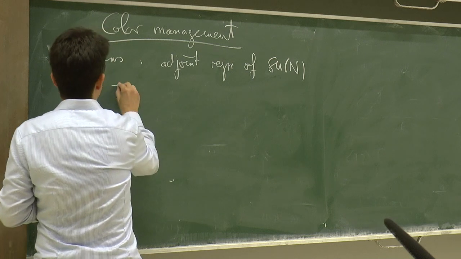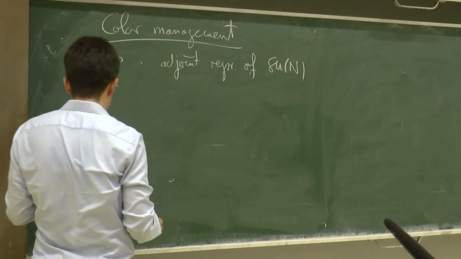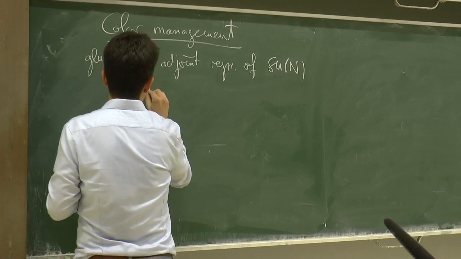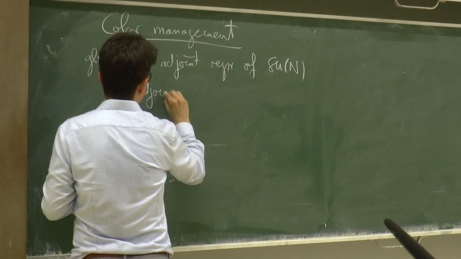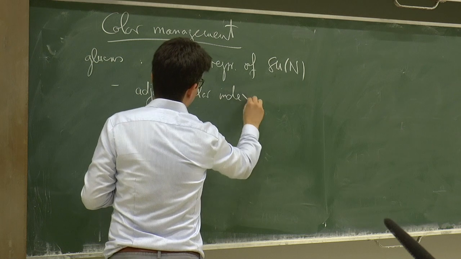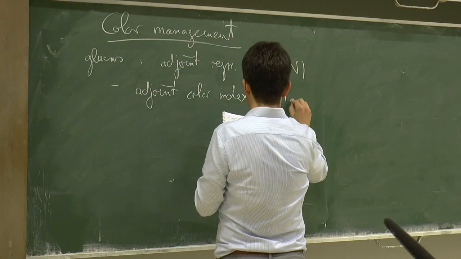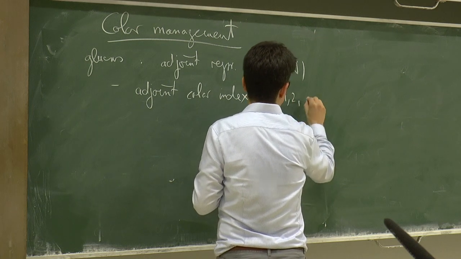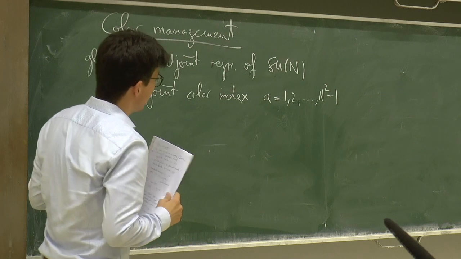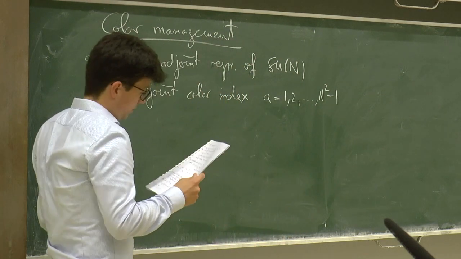But anyway, now how do we deal with that color information? Each gluon will have an adjoint color index, and that runs from 1 to N squared minus 1. Of course, in QCD, N is equal to 3, and there are 8 gluons.